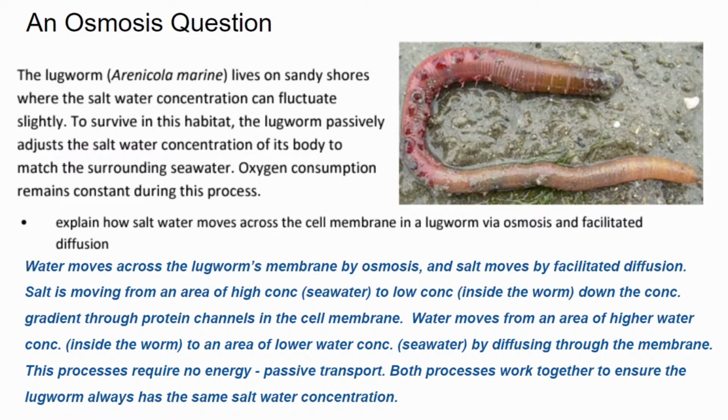So our salts require facilitated transport. It requires a protein channel, whereas water can diffuse straight through the membrane. Osmosis and facilitated diffusion require no energy. They are both passive transport, and they work together to ensure that the lugworm always has the same saltwater concentration as the surrounding seawater.